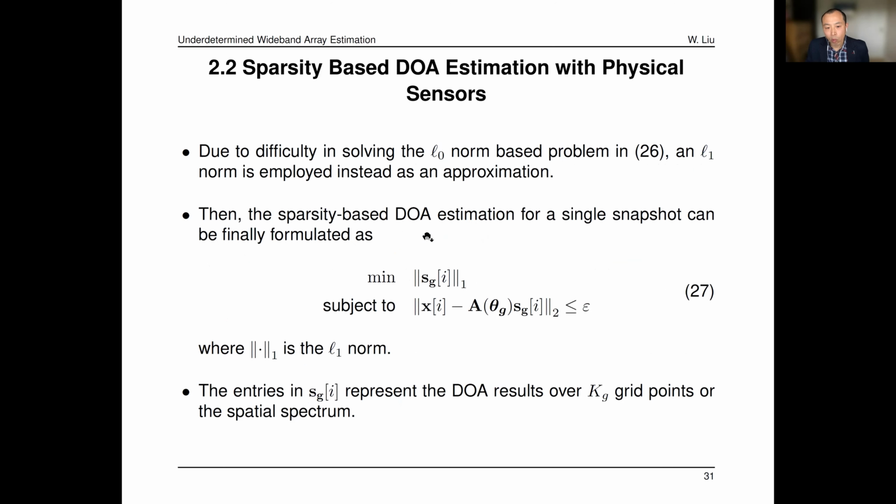Basically, it is an iterative process. For each round, suppose after one round you got the result as s_G^i, then you find the values of s_G^i. If you have a larger value, then you have a small coefficient weighting. If you have a smaller value, you have a larger weighting. And then with this new set of weightings, you run this optimization again until you reach a steady state, and then you can stop.